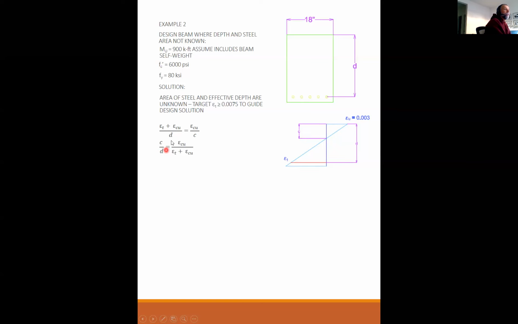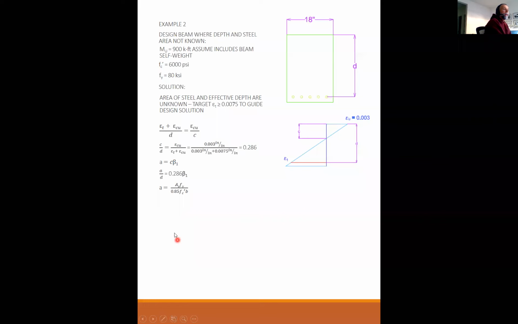So I just rearrange this and plug in my values. I want epsilon sub t to be 0.0075, so I plug that in here. And what I get is c over d is going to be 0.286 from this relationship. a is equal to c over beta 1. So a over d is going to be 0.286 beta 1. I just took this and plugged it back into here. And so a is equal to As Fy over 0.85 f prime c b.